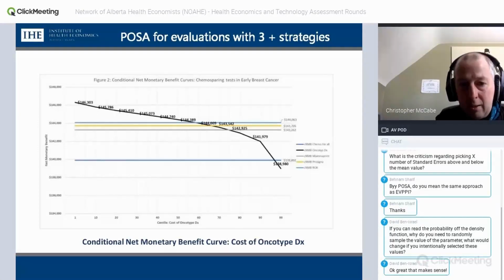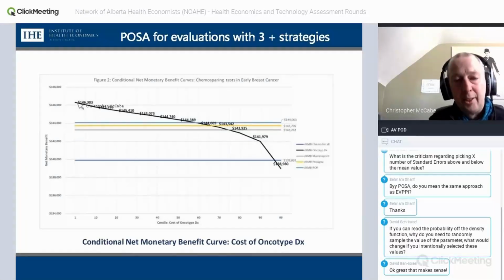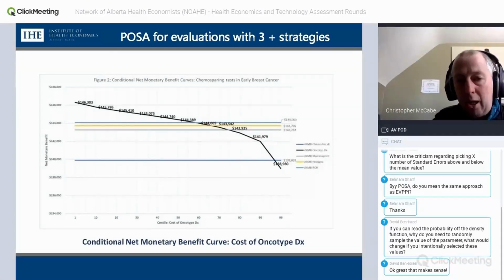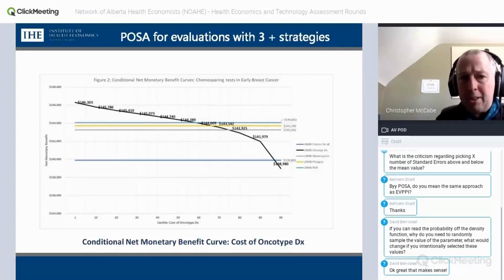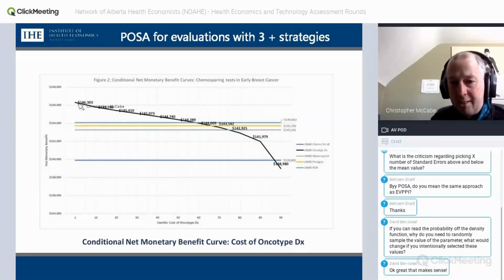I'm going to use my pointer. So the idea is that the frontier, much like the cost effectiveness acceptability frontier, plots the range of the best value strategy for all values, but instead of it being the willingness to pay that the cost effectiveness acceptability frontier uses, it's the decile of the parameter that we're doing the one-way sensitivity analysis on.